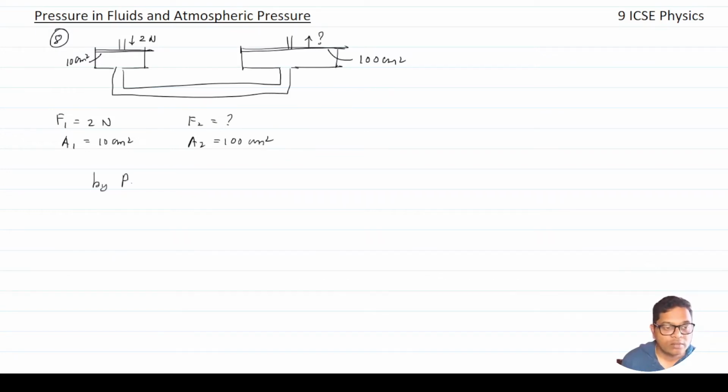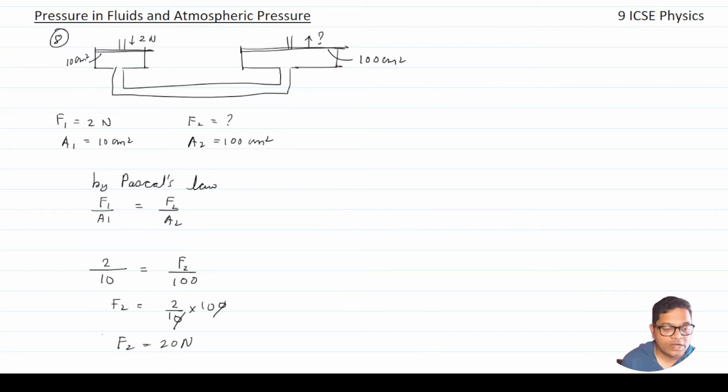By Pascal's law, F1 upon A1 is F2 upon A2. So 2 by 10 is equal to F2 upon 100. Therefore F2 is 2 upon 10 into 100, which gives us 20 Newton. So the force experienced on the other piston will be 20 Newtons.